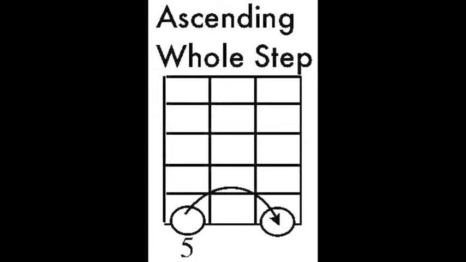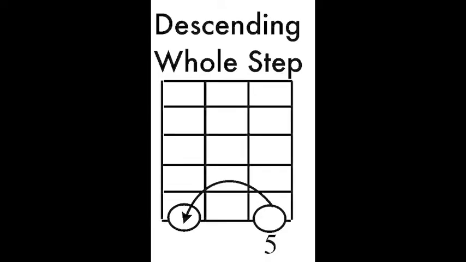After the ascending, we're going to do a descending whole step from the root note, from the 1, from that tonic. So we're calling the tonic, in this case, the higher pitch, and then we're going down a whole step to a lower pitch, in other words, 2 frets down.